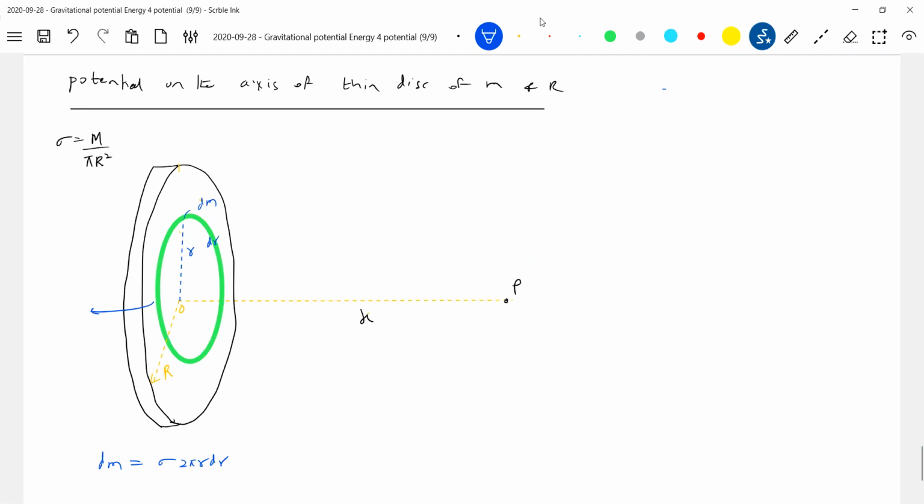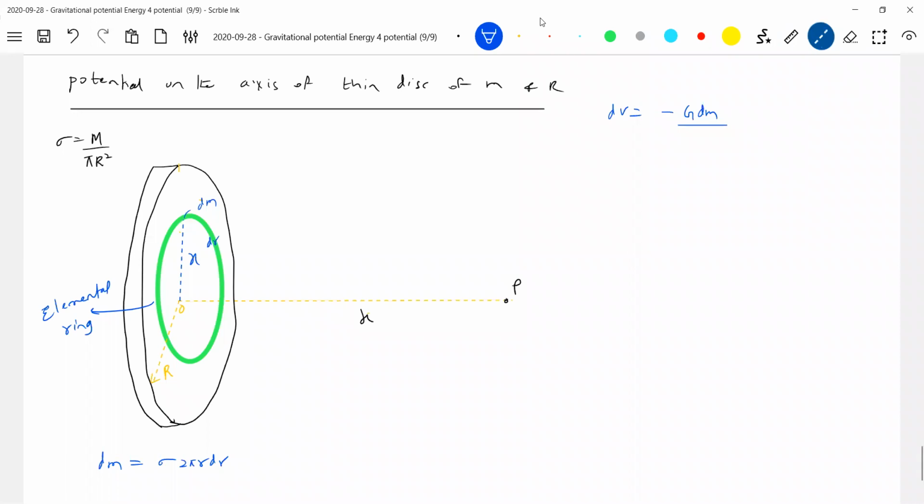What is this green color one? Elemental ring it is. So therefore, potential at that point will be dv equal to minus g dm over the distance. Let me take this as x.